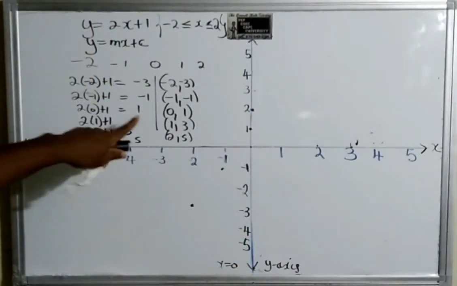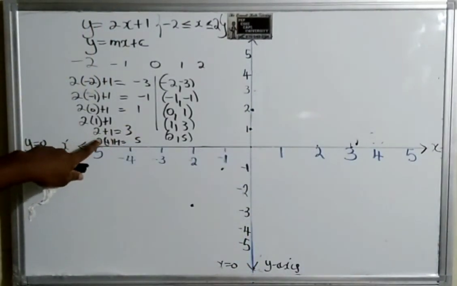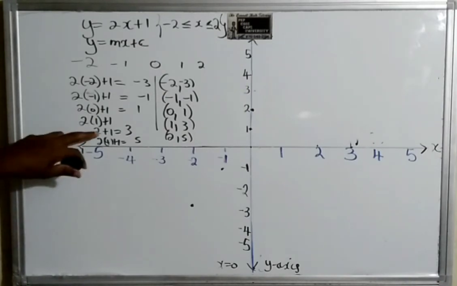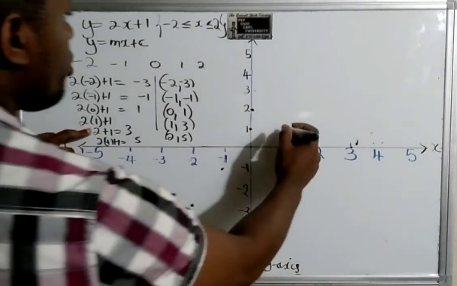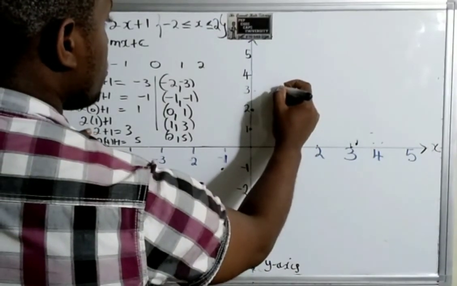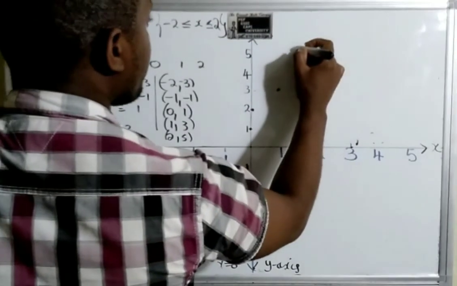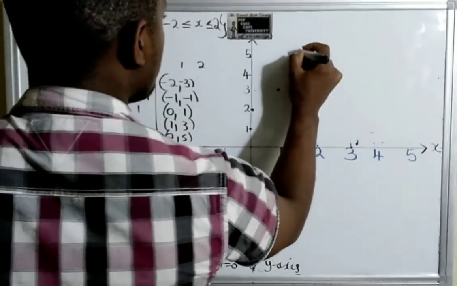Next we have 2. What does 2 go with again? 2 twos are 4 plus 1. Oh, we need to do 1 first. So 1 goes with 3. And 2 goes with 5. So 2 matches with 5.